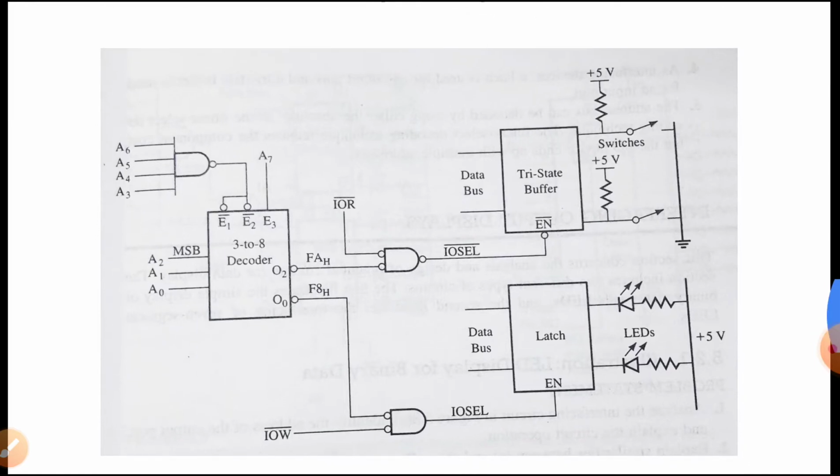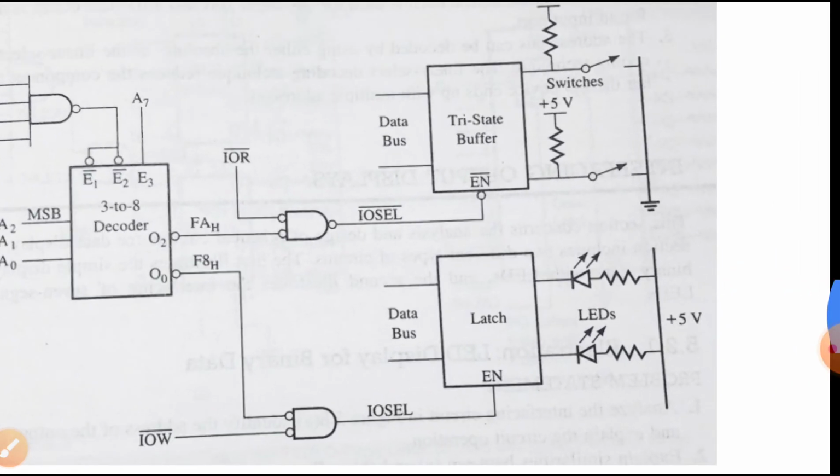Now in this particular figure, O0 of the decoder is logically ANDed, with the negative AND gate, along with the IOW control signal. The output of that gate, where the inputs are O0 and IOW, will generate an input output select pulse for the output port.